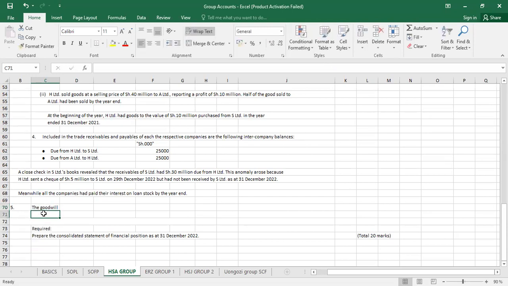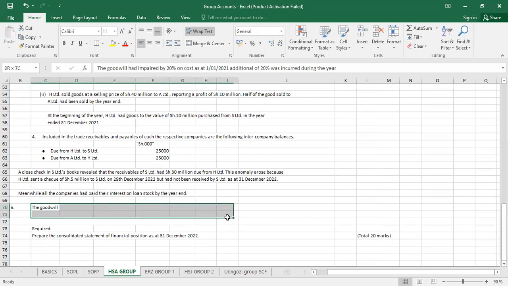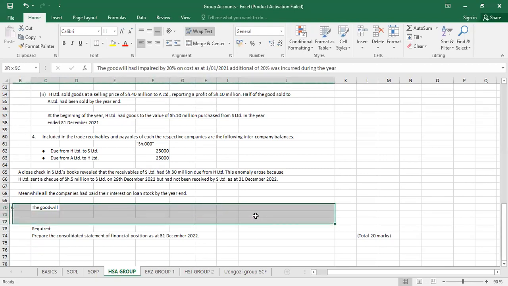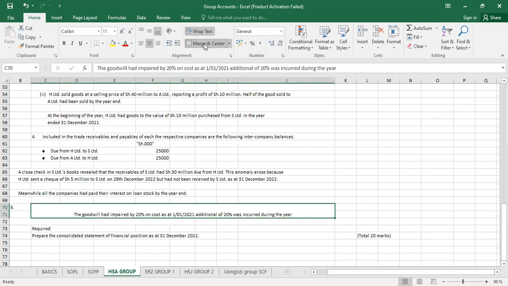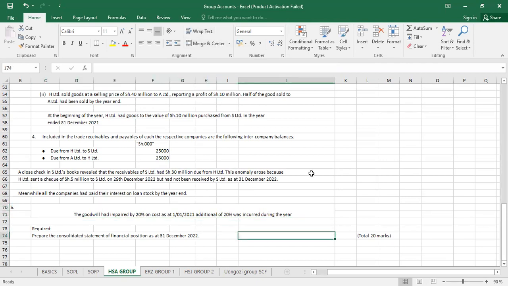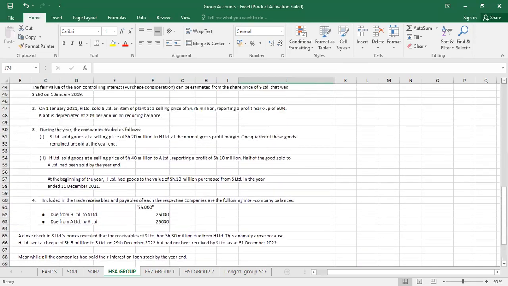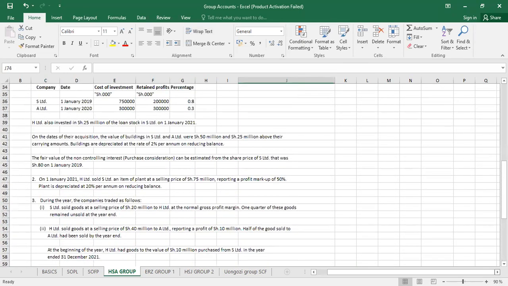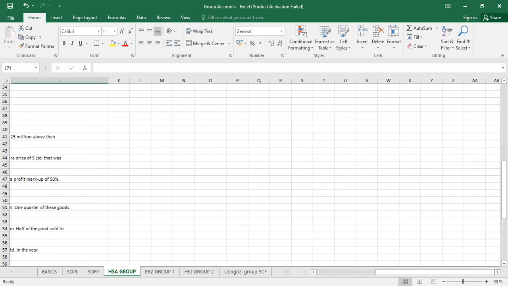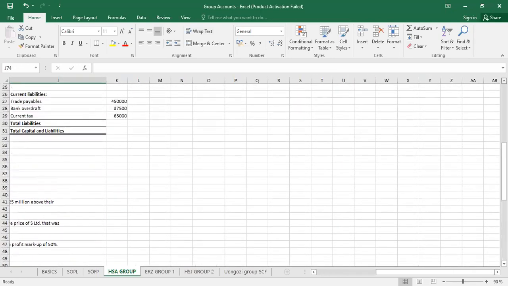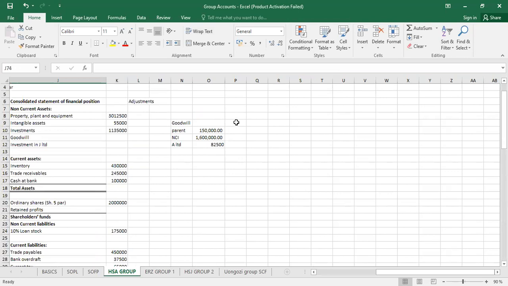I'll send the file, maybe when you send the answers, that has the one on goodwill, but the goodwill was that way. So you see, they're saying the previous goodwill that was impaired is 20%, and also on cost, and also another 20% on cost was impaired during the year. So this one I call impairment.